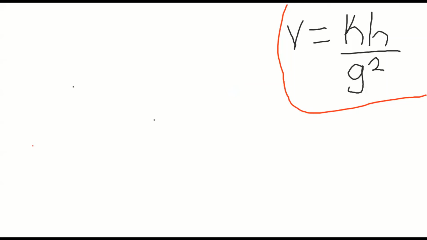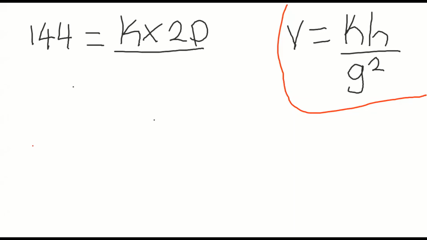So they said when the volume is 144, the height is 20 meters. So K times 20 meters out of, and the girth is 1.5 meters. So 1.5 squared.